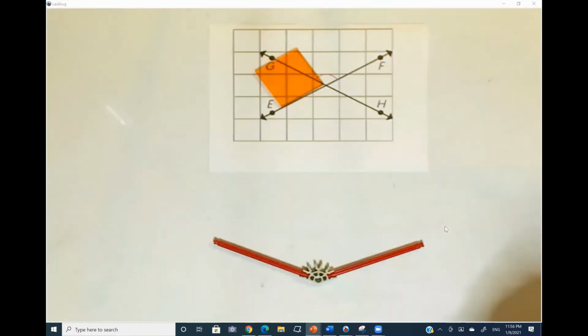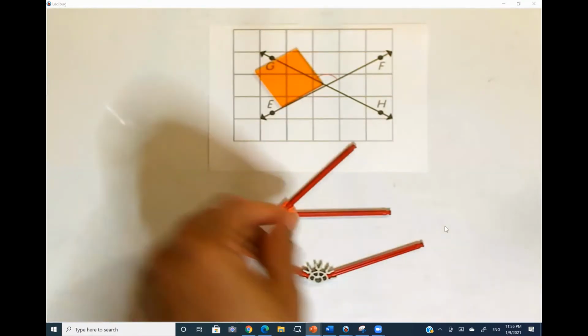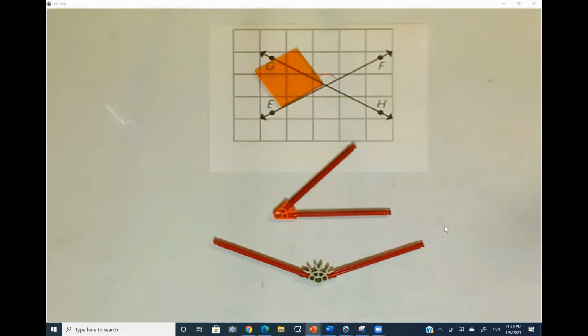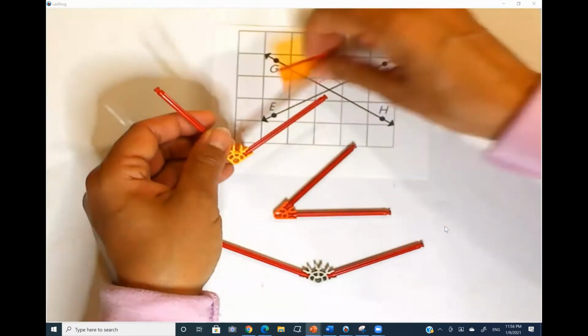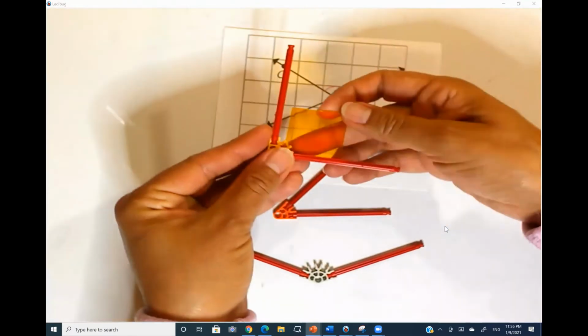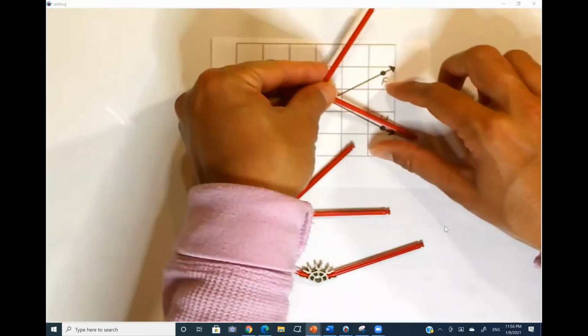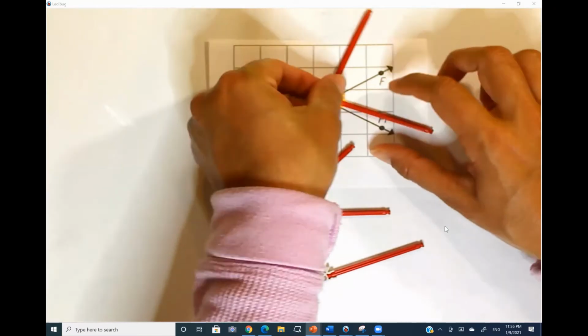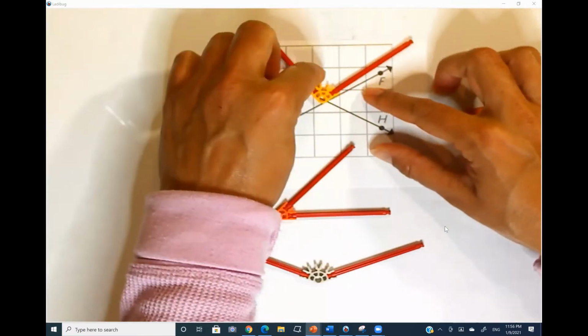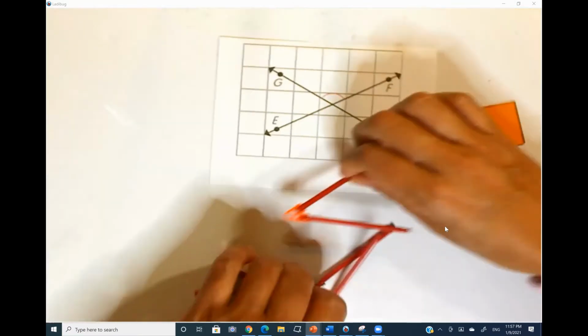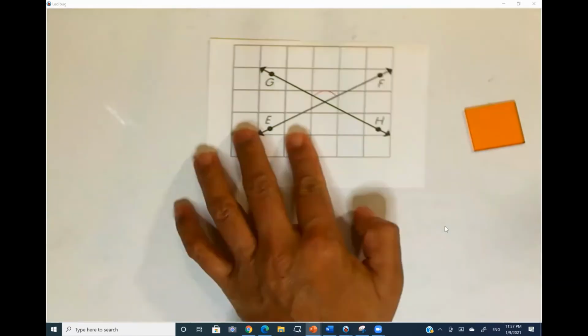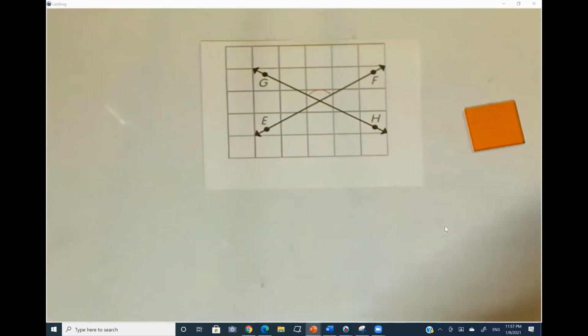So that's showing me that it's a smaller angle than the right angle. And if I try to fit this, which is the right angle, if you see I can fit it right in the corner of the square, I notice that I cannot fit this angle in any of the angles inside these two lines.